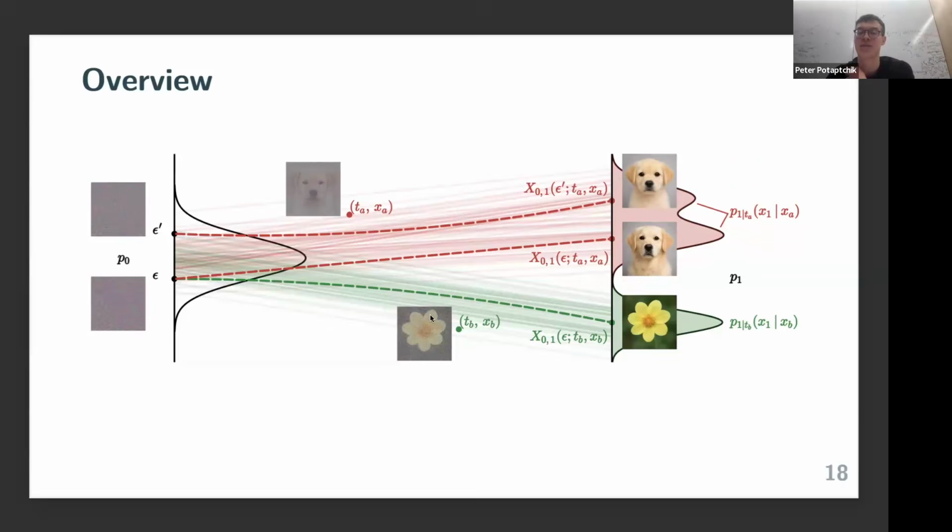On the other hand, if I input this noisy image here, I have a new posterior distribution. And so I would have a different ODE, indicated by all these green curves, that would take me from P0 to this posterior distribution. All of these are the individual ODE trajectories. And a meta flow map is just saying, let's learn the one-step maps directly from the starting point to the endpoint for all of these conditional ODE trajectories.